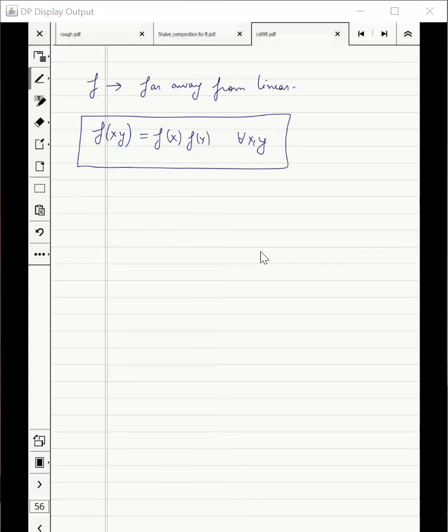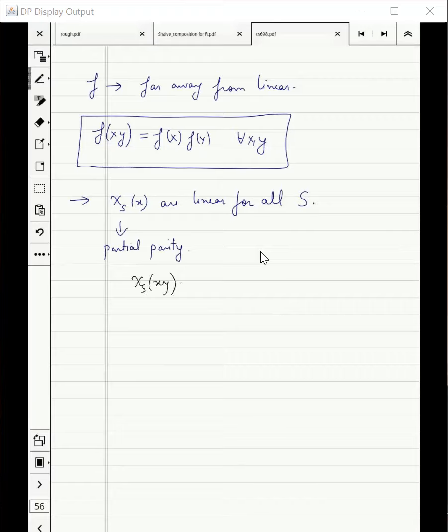But as already pointed out, these are linear for all x, y. If I pick any partial parity, the elements of my basis, these are going to be linear because I know that chi_S of x times y equals chi_S(x) times chi_S(y).